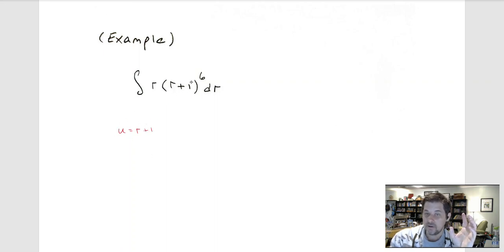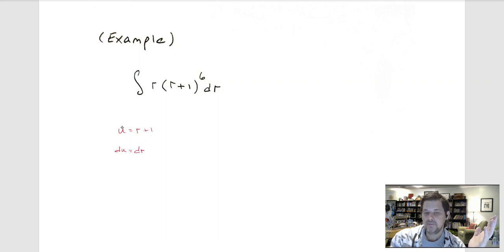So that's your variable. That's how your variable r is going to be substituted away in terms of a new variable that will simplify this problem, u. The next step is to take the derivative of both sides of this to incorporate the differentials dr and du. They have to be substituted also. So derivative of u is du, and derivative of r plus 1 is actually just 1.